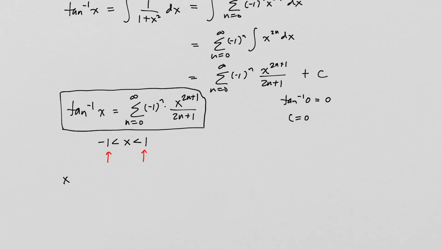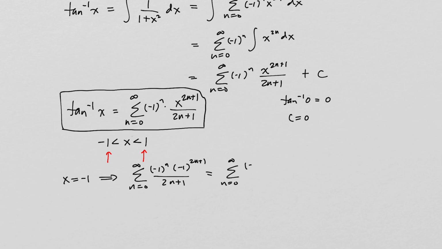If we plug in x equals negative 1, the series becomes the sum negative 1 to the n, negative 1 to the 2n plus 1 over 2n plus 1, which is equal to the sum of negative 1 to the 3n plus 1. Now you have to think, what is 3n plus 1? Well, 3 times n alternates between being an odd number and an even number.